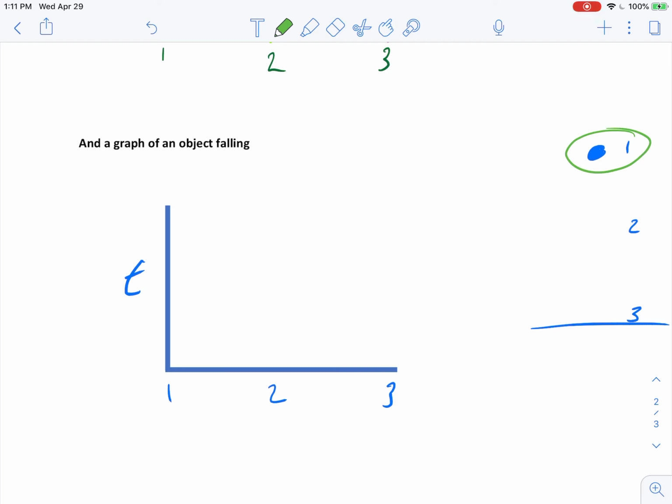In fact, all the energy is potential energy at that point because we have this big height here. So it's going to start up here as the maximum amount of energy. At point 2, about halfway through, you have half that amount of energy. And at point 3, when it's right above the ground, your height is 0, your potential energy is 0. And you're left with this straight line for your potential energy.